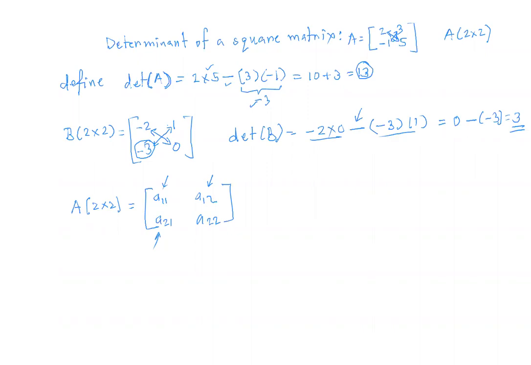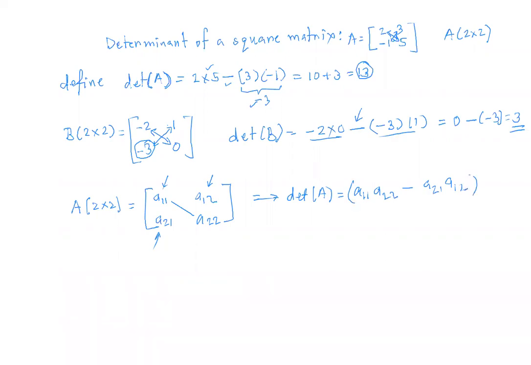So the determinant of A is defined as A1,1 times A2,2 minus A2,1 times A1,2.